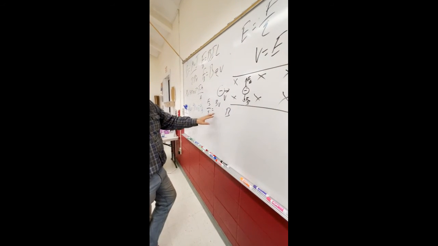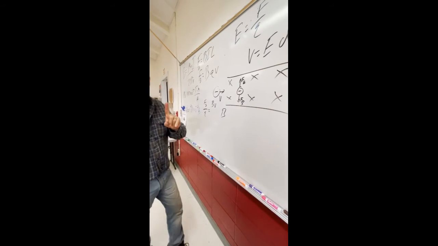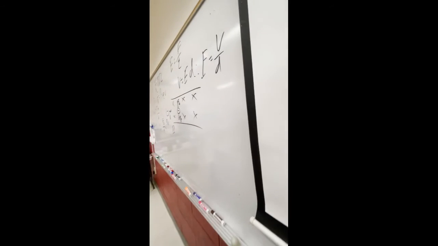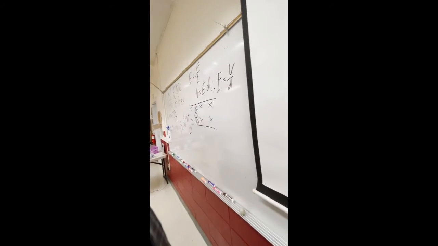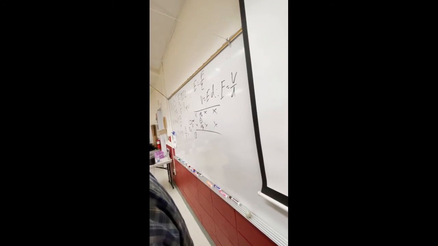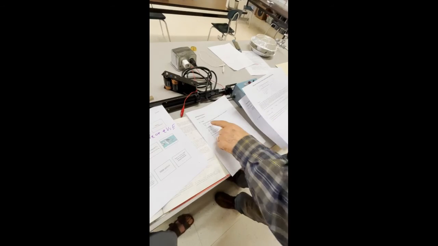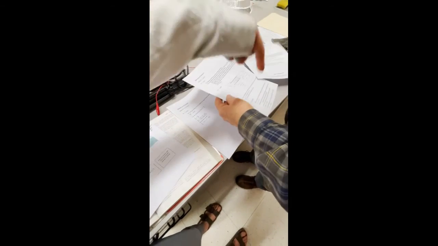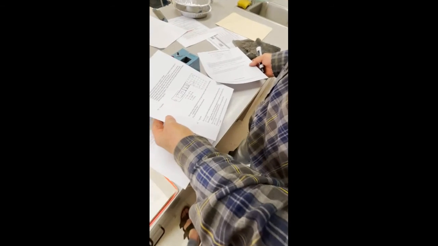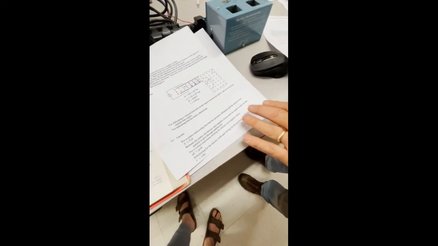All right, what's our other equation for voltage? It's energy over charge, right? No, we don't have charge. I printed out this solution, and it's right there. We've got V over D between the plates.